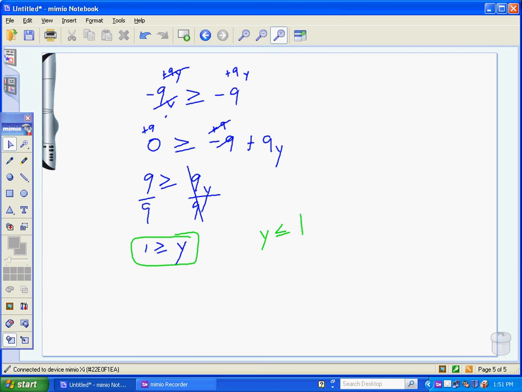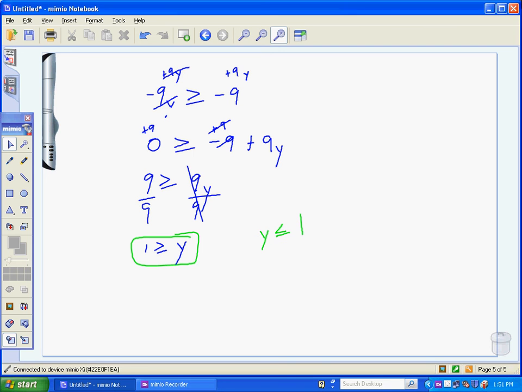If I read from the variable here, it says y is less than or equal to 1. What was our answer when we used y is less than or equal to 1? So it's the same way.